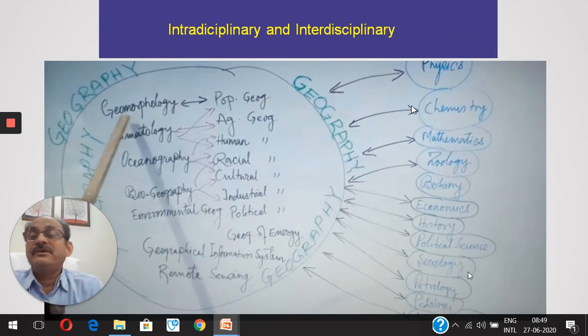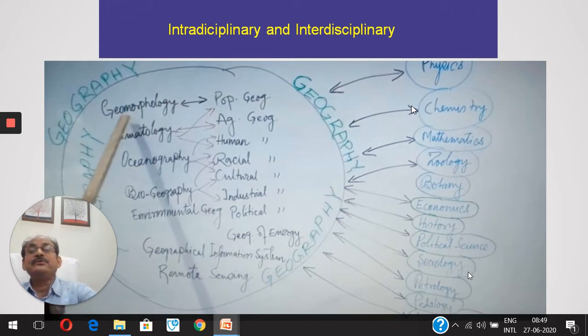Under geography, we say that these are the topics, and in geography, these are the subjects, one subject related to the other, but inside the subject. This is the intradisciplinary area.